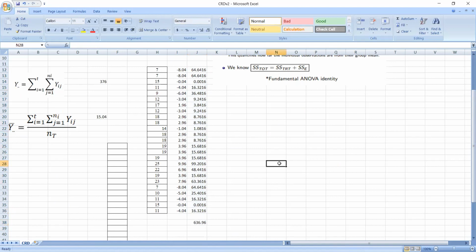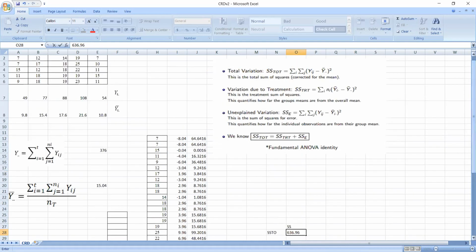So I'll write it somewhere here. When you take SSTO, the sum of squared values is 636.96, close to 637.